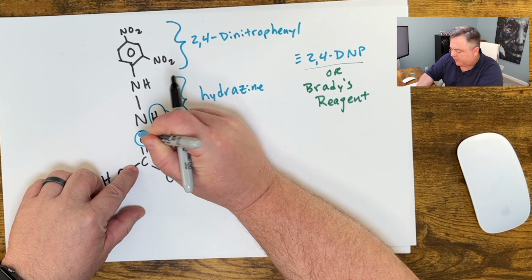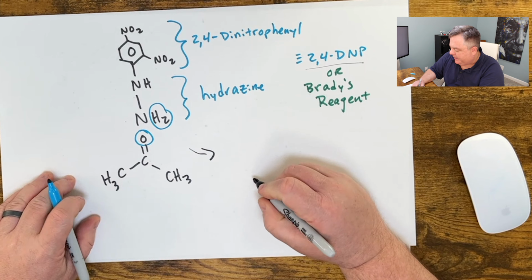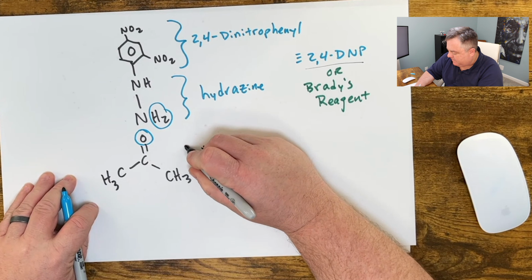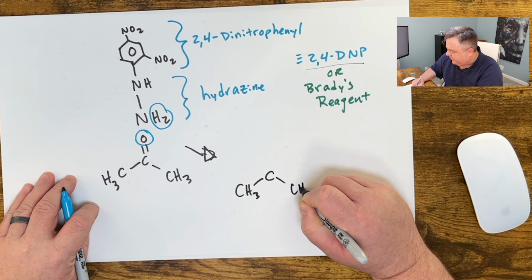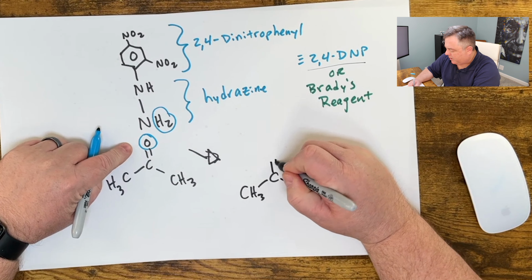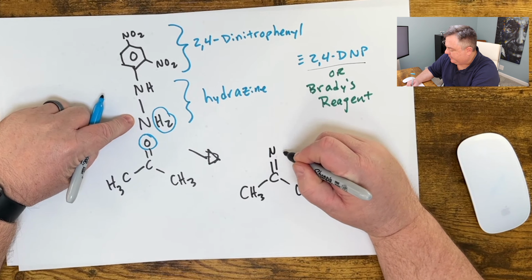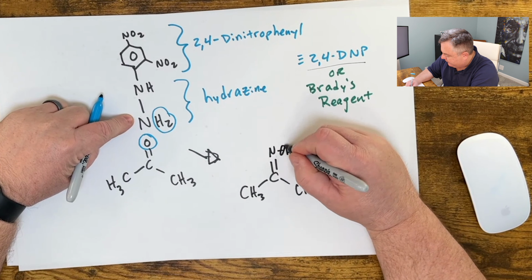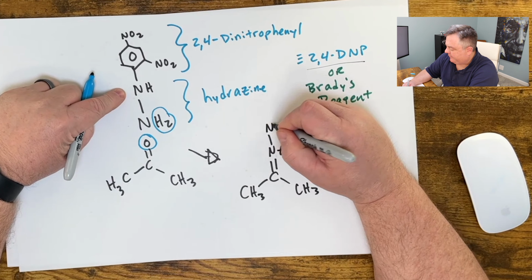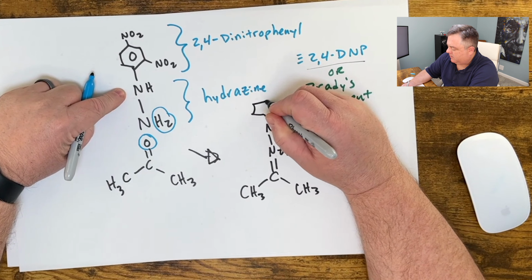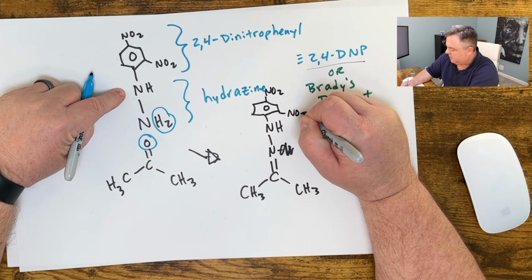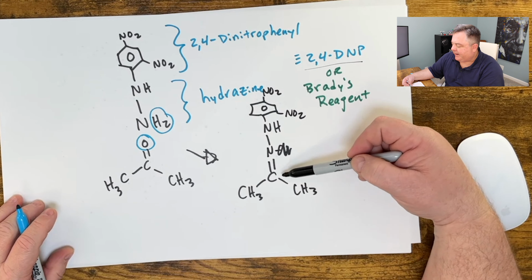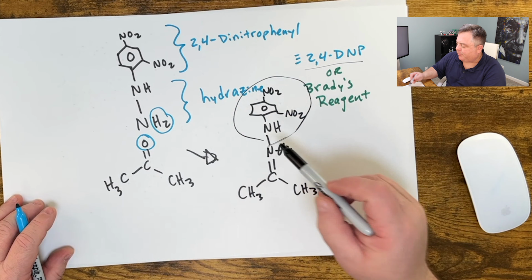I'll lose my water, and I would make CH3, CH3. I lost my water, so I have a double bond to this nitrogen. Whoop, there's no hydrogen there. To this nitrogen. So basically I made a hydrazone with this big heavy group on it.